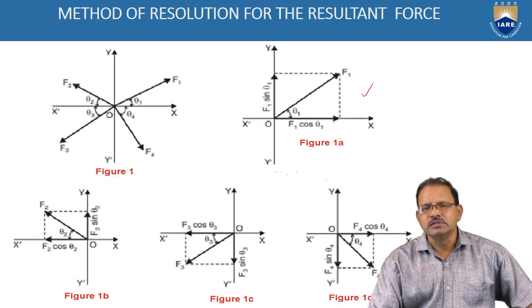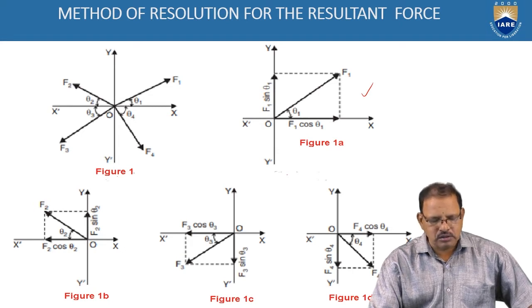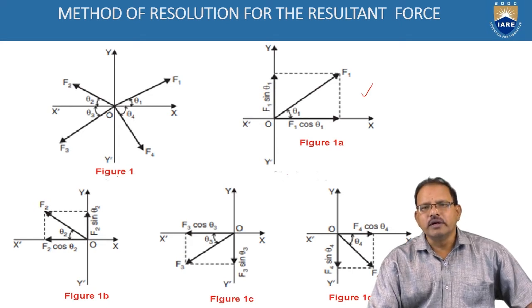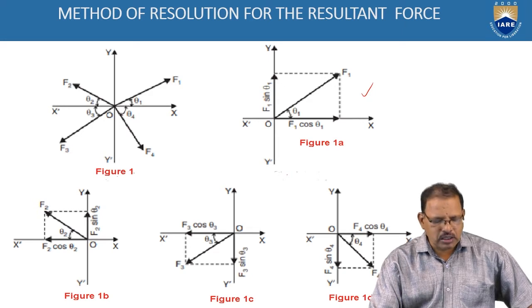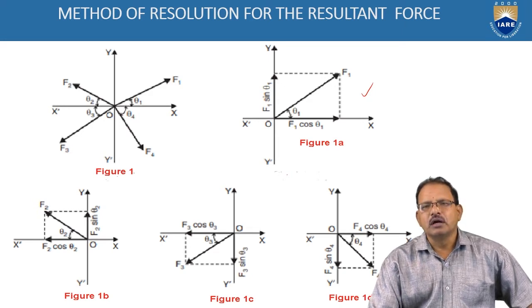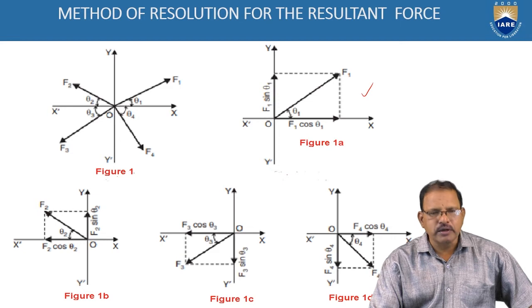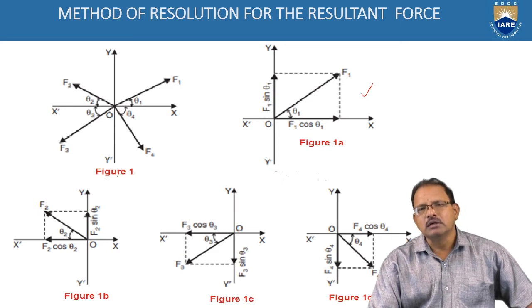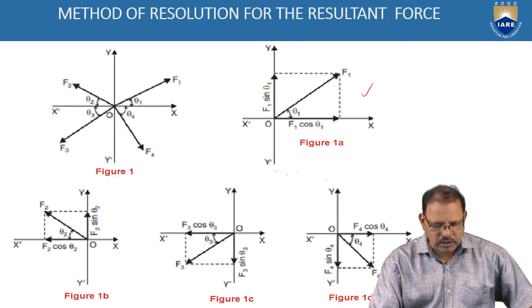Similarly, the second force F2 makes an angle theta 2 with the x direction measured clockwise. When resolved, the vertical component is F2 sin theta 2, acting upward, and F2 cos theta 2 is the horizontal component, acting toward the left side.